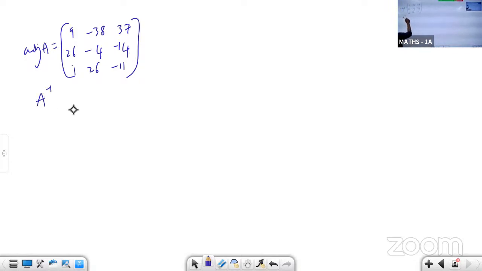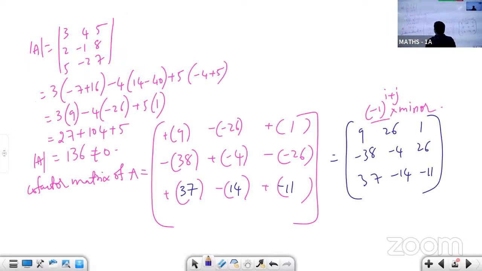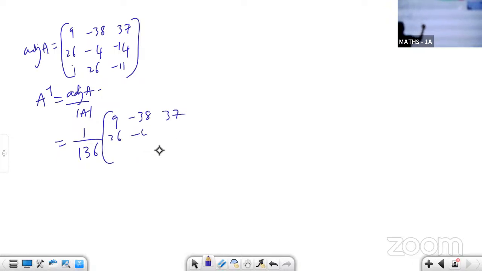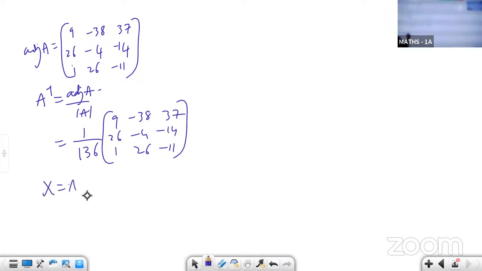What was A inverse? Adjoint A by det A. So, what was your det A in your previous board? Previous board det A is 136. Is it clear? So, 1 by 136 into adjoint A: 9, minus 38, 37, 26, minus 4, minus 14, 126 and minus 11. Now, capital X we want actually.